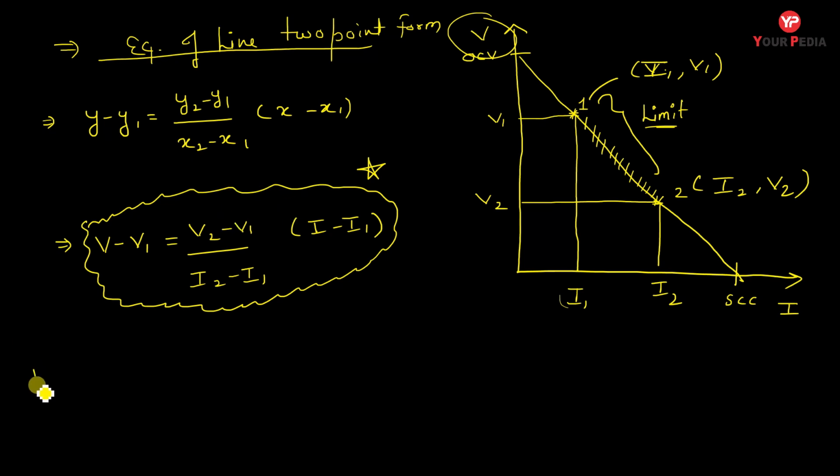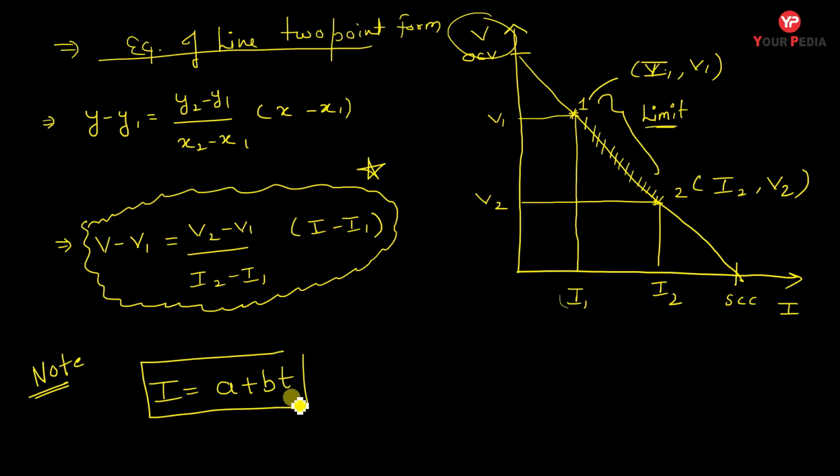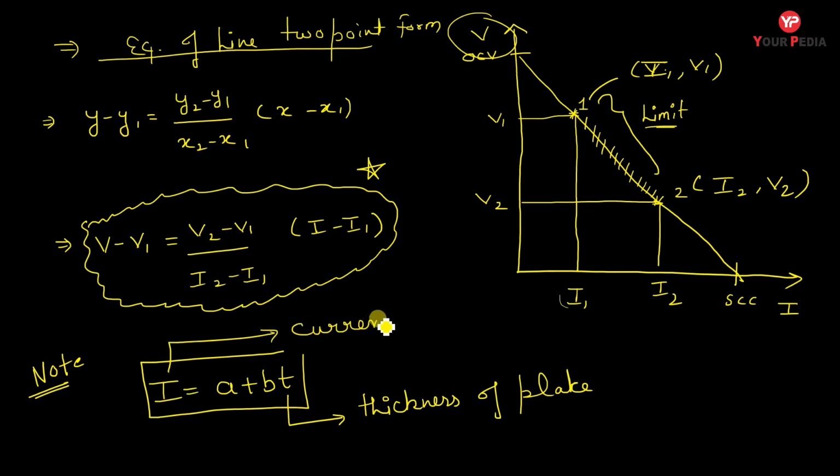Now here I am giving you one bonus formula or note. There is an empirical relation between current and thickness of plate, I equal to a plus b t, where t is the thickness of plate and I is the operating current.